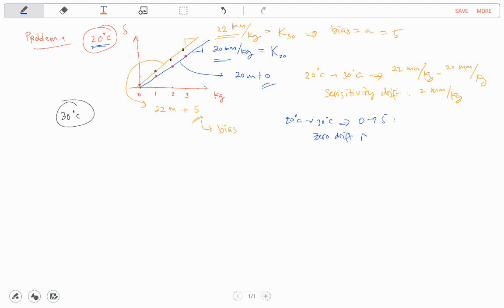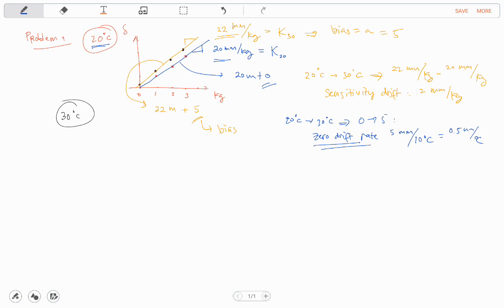The zero drift rate is 5 millimeter per 10 degrees Celsius, which means 0.5 millimeter per degree Celsius. That is the zero drift rate per centigrade.